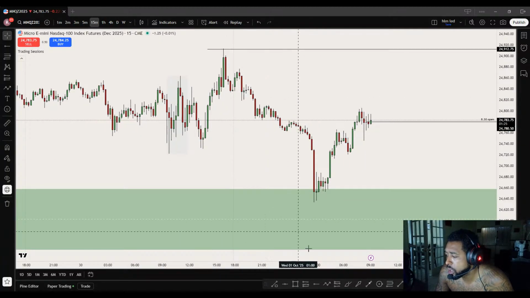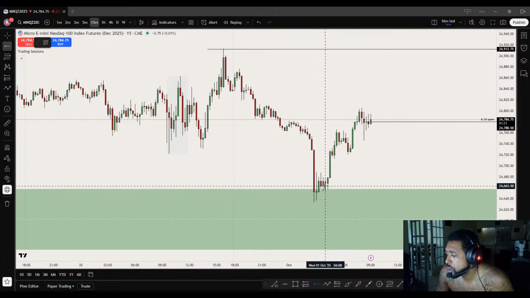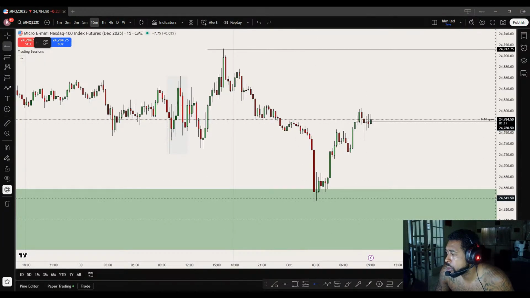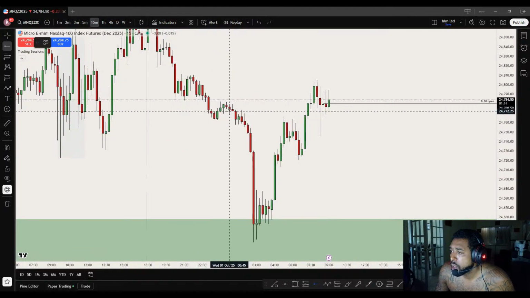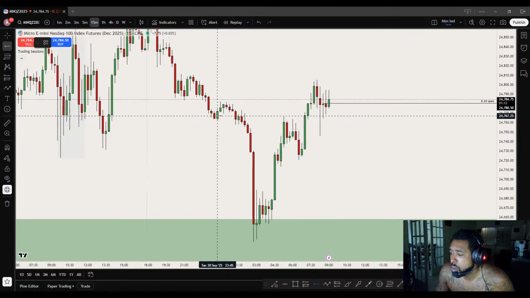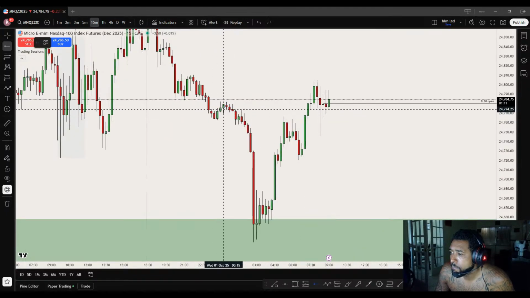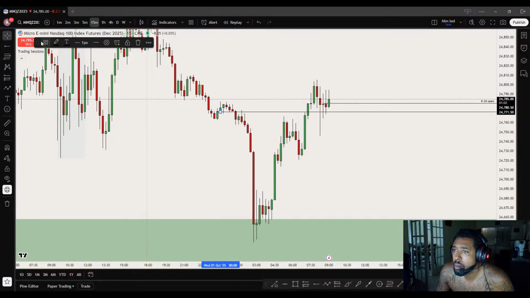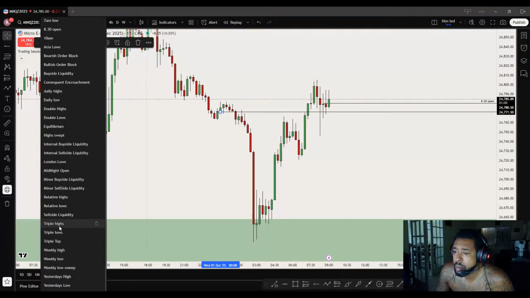All right, then I look for the midnight open, which would be right here. Bullish candles open low, close high. All right, that's the midnight open.